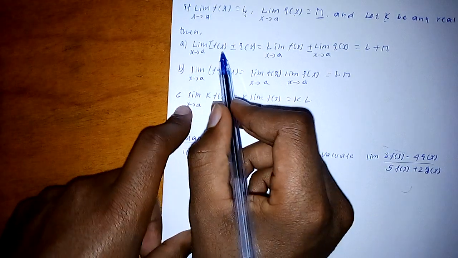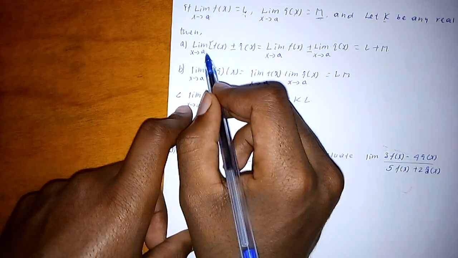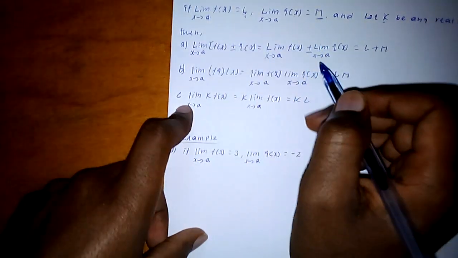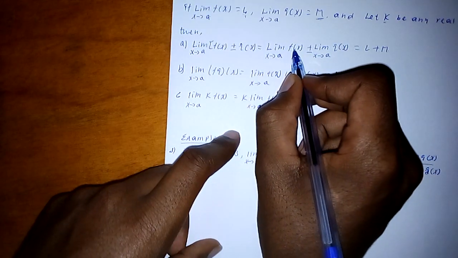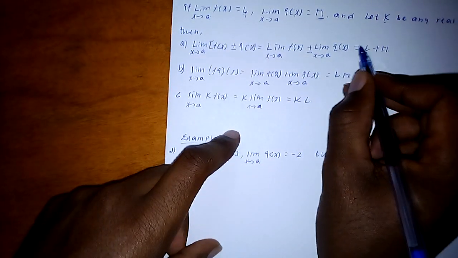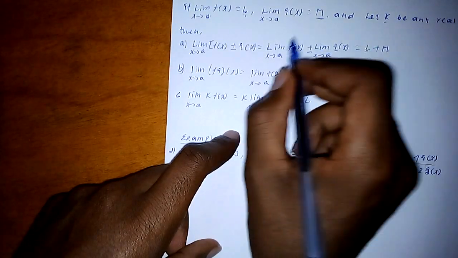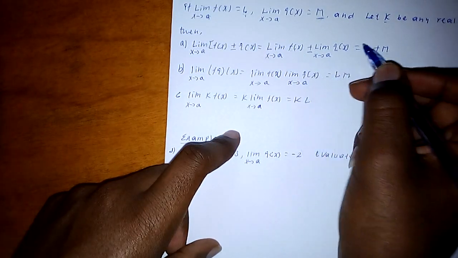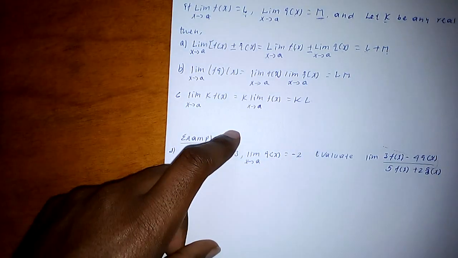This means we can find the limits for both functions separately, for f of x and for g of x, and it is equal to L plus M. L is the value of the limit of f of x and M is the value of the limit of g of x.